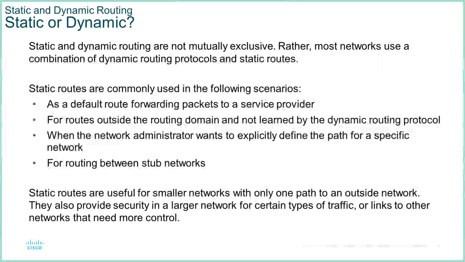So rather than having this constant exchange of routing tables between routers, we can just configure static routes and cut back on the overhead. This is quite efficient, especially over the slower serial links that quite often occur with WANs.